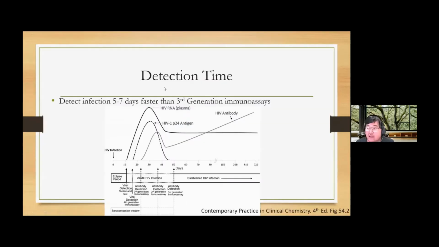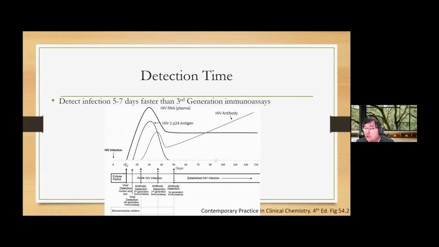So we have detection time. Right now we're using the 4th generation immunoassays, and they can detect infection about 5 to 7 days faster than the 3rd generation. And the main difference between the 4th and the 3rd generation is really just the P24 protein, the P24 antigen. So you can kind of see here, the days elapsed.